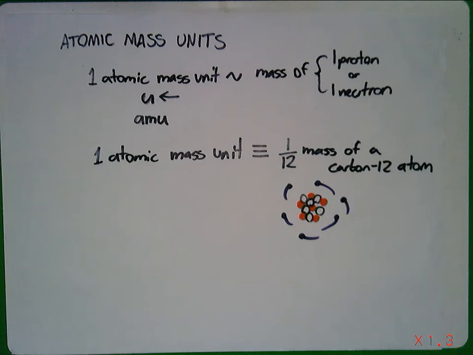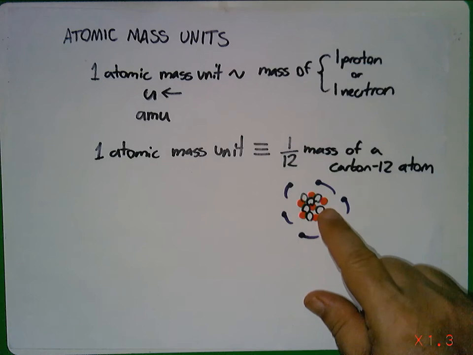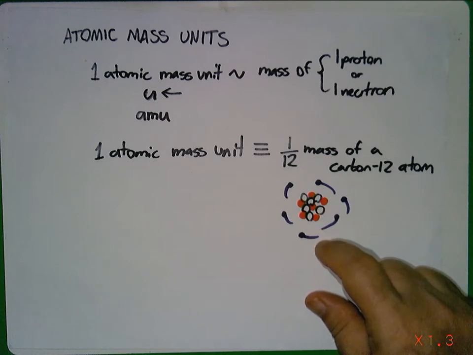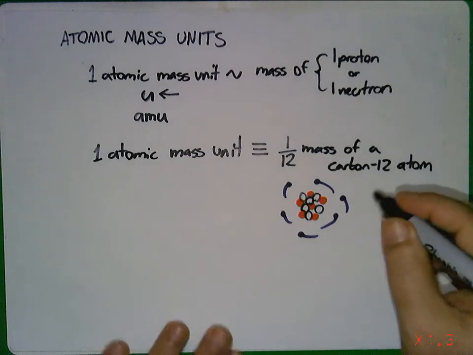That's what a carbon-12 atom looks like. If you take this pile of stuff, 6 protons, 6 neutrons, and 6 electrons, and you divide it by 12, that's an atomic mass unit. So the mass of this atom is exactly 12.